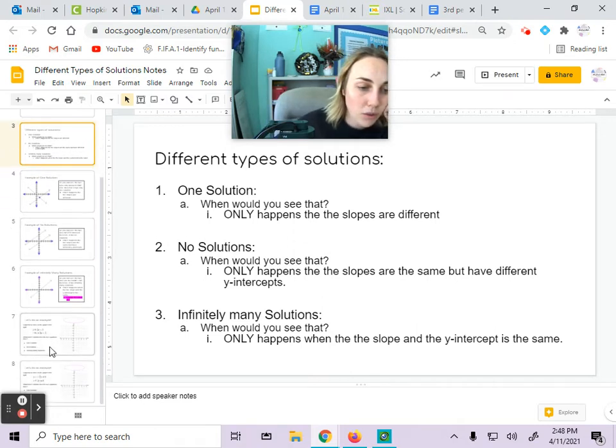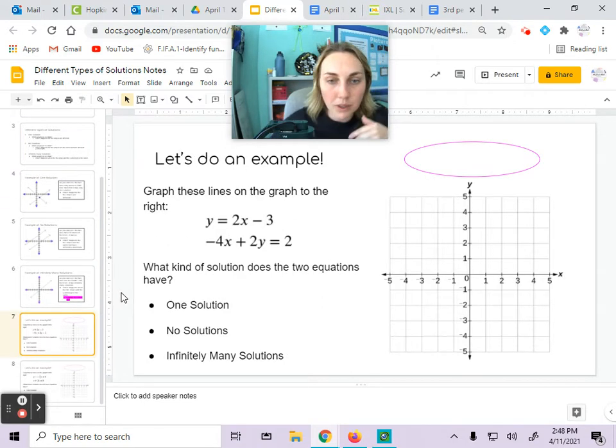So we talked about those solutions. Now, we're going to do two examples. As y'all remember, we just talked about how to graph lines. We reviewed how to graph lines. We're reviewing some of our equation stuff where we just solved equations, and we're putting it all together to solve systems of equations.